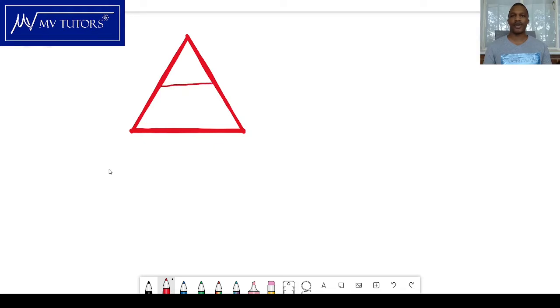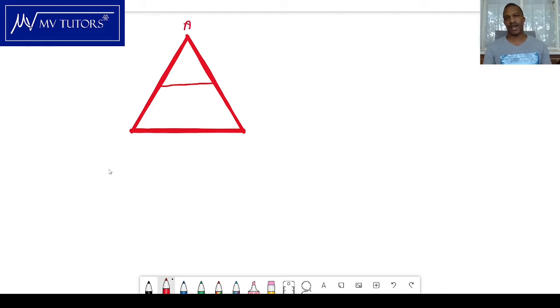Okay, let's start right here. We always have to start with triangles with this topic. So we have a triangle right there. If we have one triangle there, and let us say we draw a line to make two triangles, a triangle within a triangle.